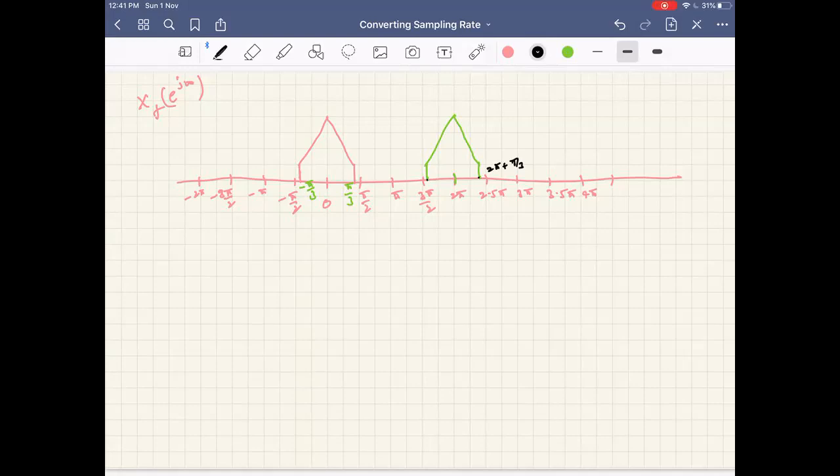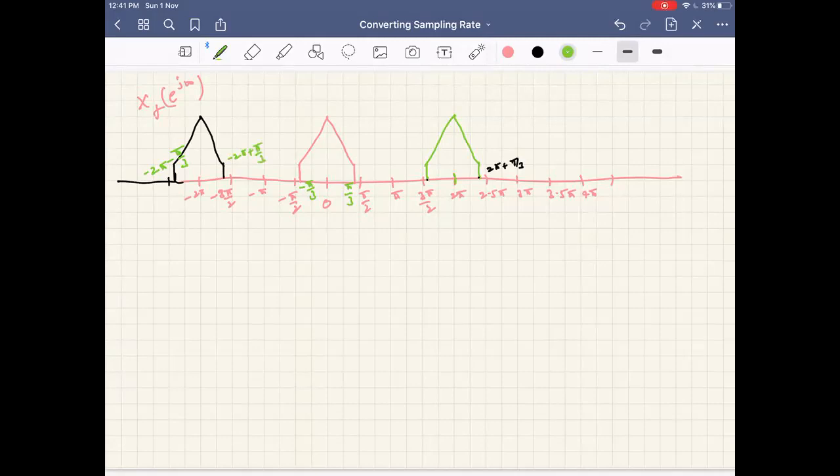On the other hand, this side, same thing will happen, and hence the spectrum is up to here. So this spectrum is also from minus 2 pi minus pi by 3 to minus 2 pi plus pi by 3.